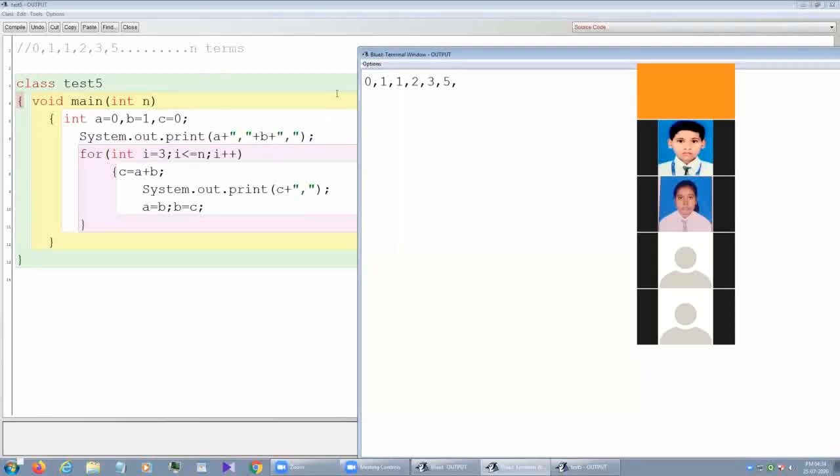B is equal to 2. Then 1 plus 2, 3. The next term is 3. Then the value of I became 5. In the 5th term we have 3. Then the value of I became 6. Then the value of A became 2 and B became 3. 2 plus 3, 5. This way it will continue. Is that clear? Yes sir. Anyone else?